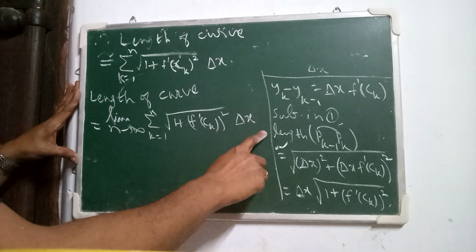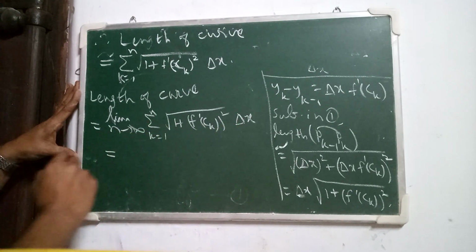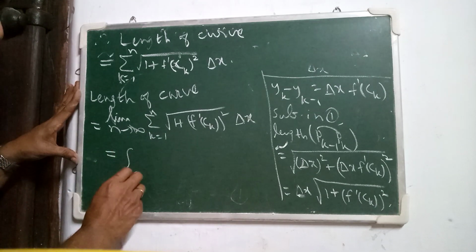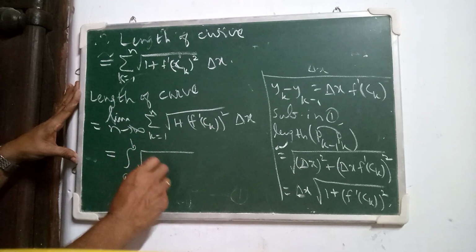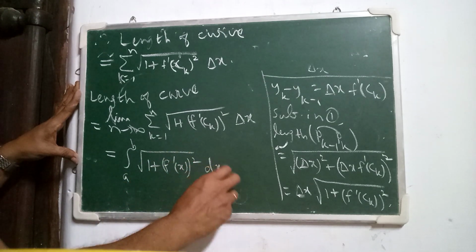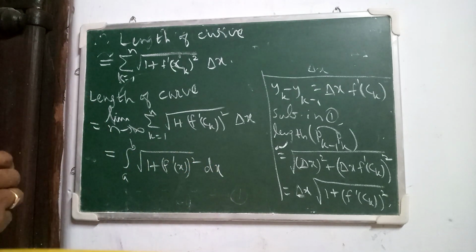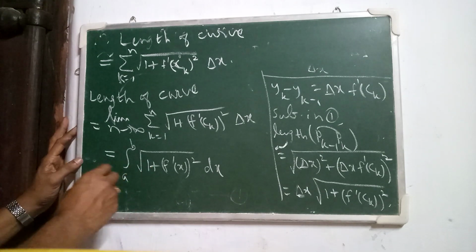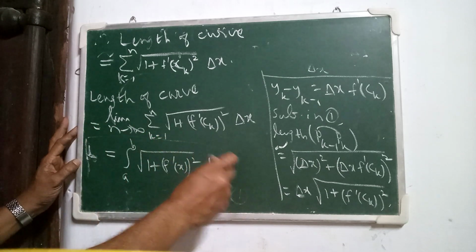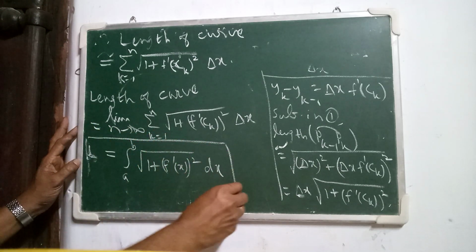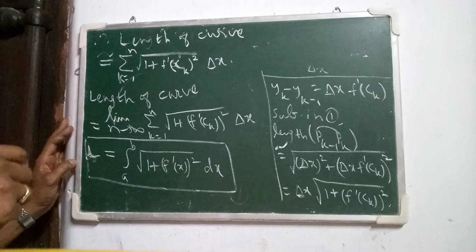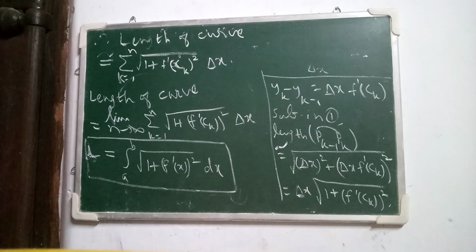What is this? This is precisely integral a to b square root of 1 plus f dash of x whole square dx by the definition of the definite integral. So this is our formula for length of the curve. Length L is equal to integral a to b square root of 1 plus f dash of x whole square dx.